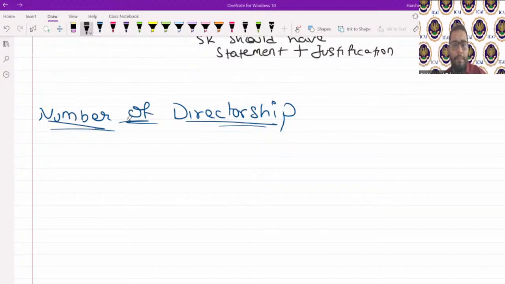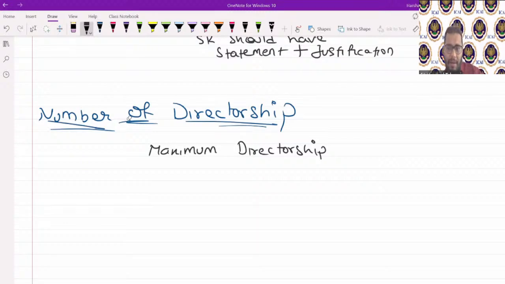What is the criteria for maximum directorship? First of all, you need to understand which type of director it is: a full-time director or managing director.